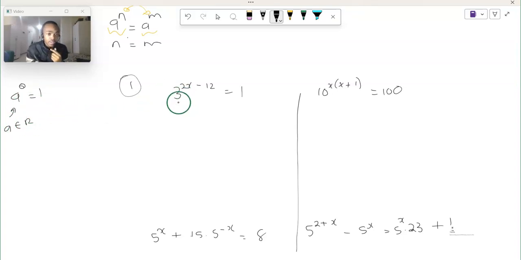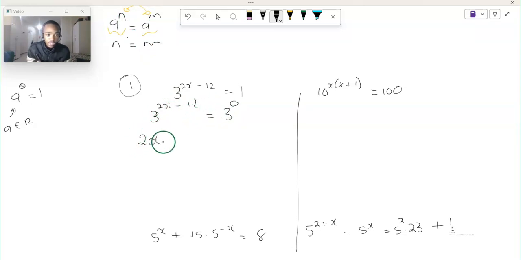If you want the bases to be the same, we have to change that 1 to 3 to the power 0. So you can see that this expression is the same as that one on top, meaning we can just equate the exponents.